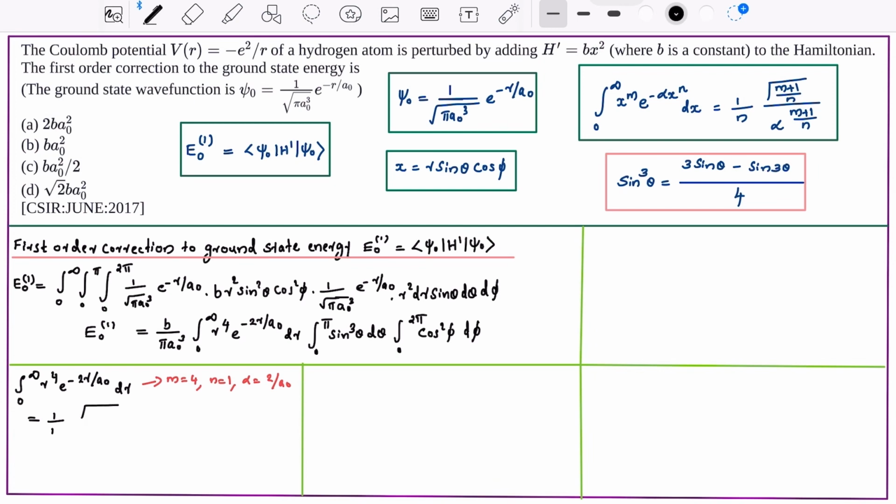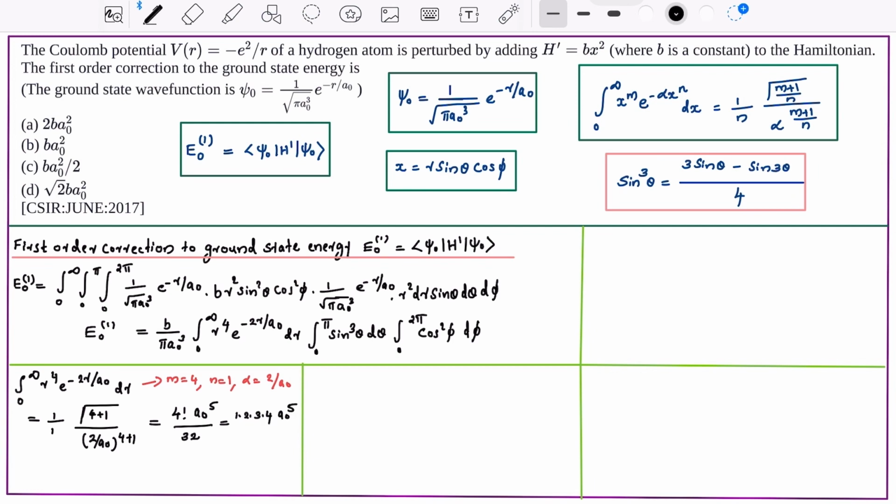Therefore our integral becomes (1/1) gamma of (4+1)/1 divided by (2 by a0) raised to 4+1, that is gamma 5, which is 4 factorial, times a0 raised to 5 by 2 raised to 5, that is 32.